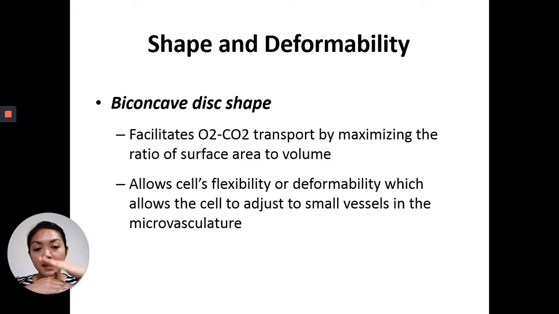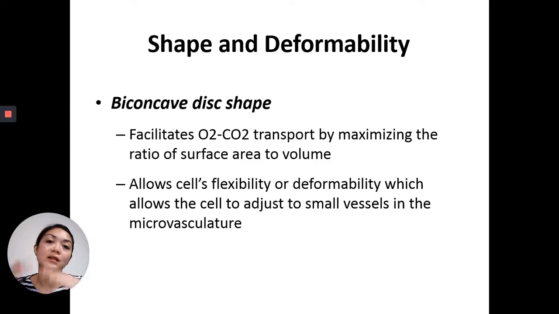But because gin-flatten siya and naging biconcave disc ang shape, it has an approximate na surface area of 140 square meters, which is about 40% more nga mas dako ang surface area sang sa ordinary lang na sphere. So meaning kay mas lapad ang surface niya, mas dasig or mas damo oxygen and carbon dioxide nga ma-transport.